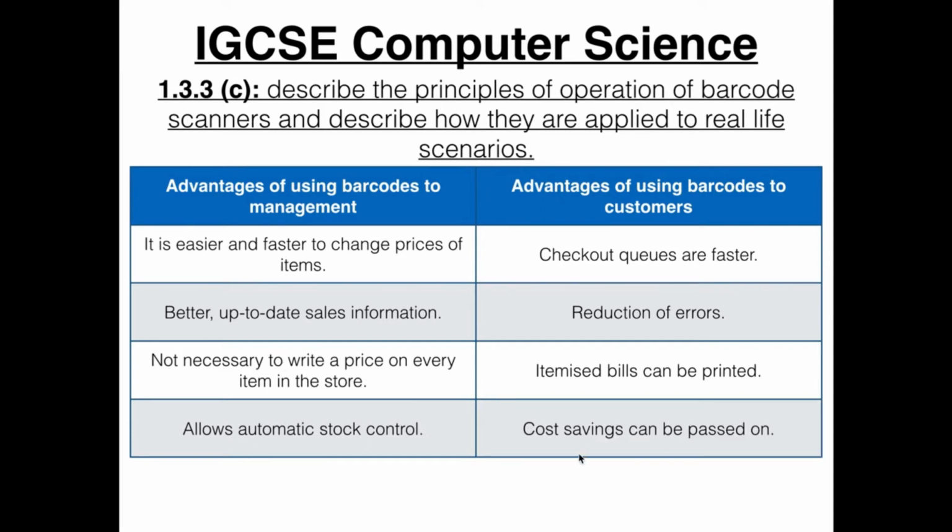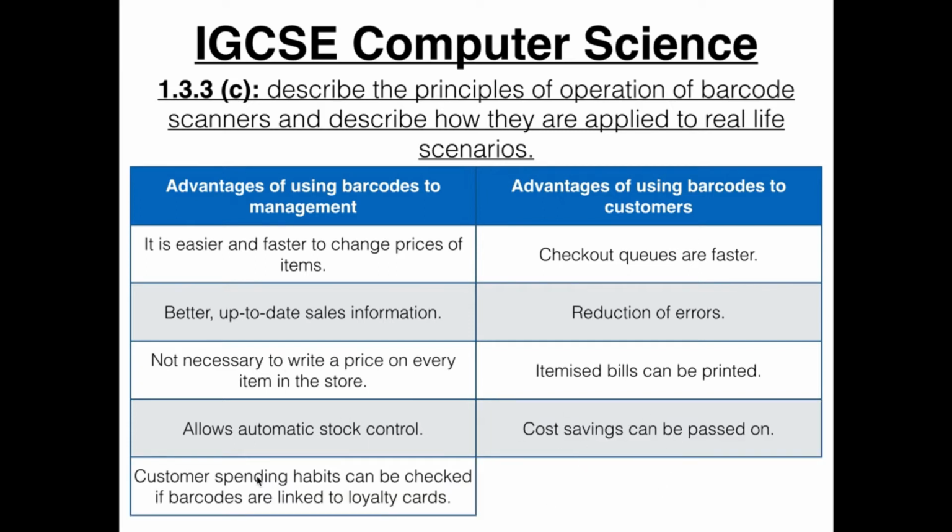Cost savings can be passed on. Customer spending habits can be checked if barcodes are linked to customer loyalty cards. So you'd see what each customer likes, and of course better track of expiry dates. Now it's here because you don't want expired food. The customer would not like that. So that's pretty much it.